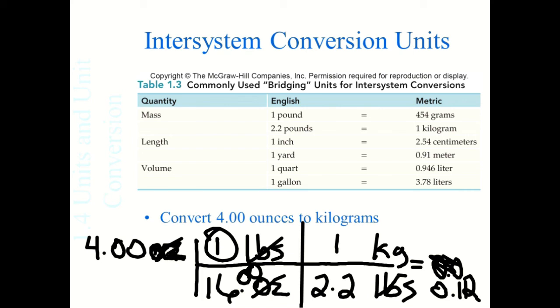I would say 4 times 1, which you don't have to do, divided by 16, divided by 2.2. 0.11. Then you take the 2.5 and then divide that by 2.2 after you divide the 4 and 16.